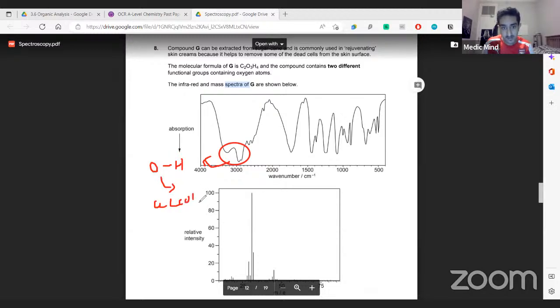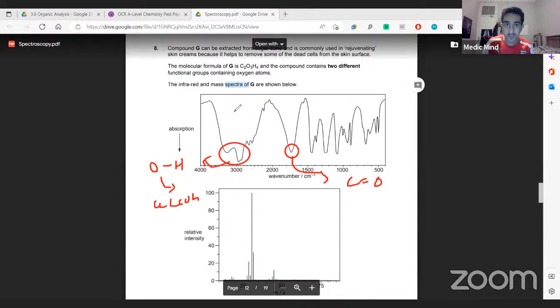There's also a peak here at about 1,500, but that peak is part of the fingerprint region. This peak here indicates C double bond O, which means that we know there are two functional groups containing oxygen atoms, and there is also a third oxygen we're not thinking about here.